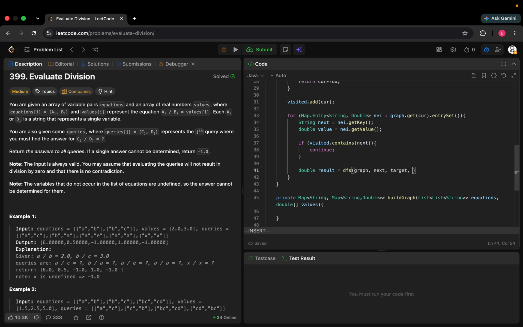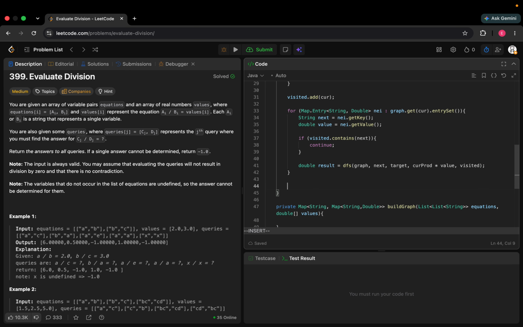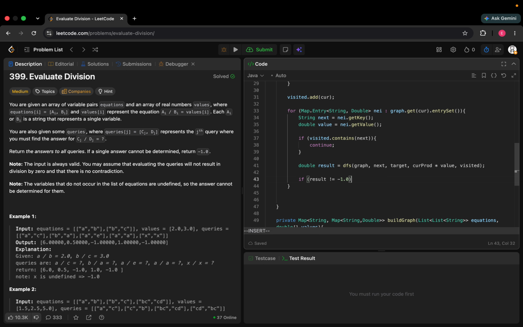Next target product, product times current value, visited. And then we have to check if the results not equal to 1.0, return the results. We don't need to search.